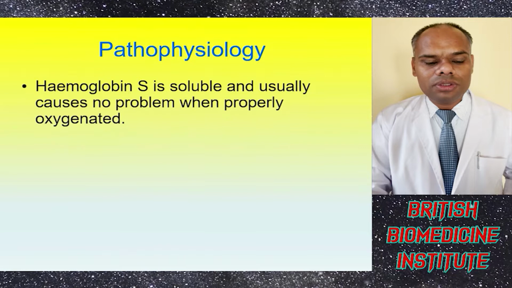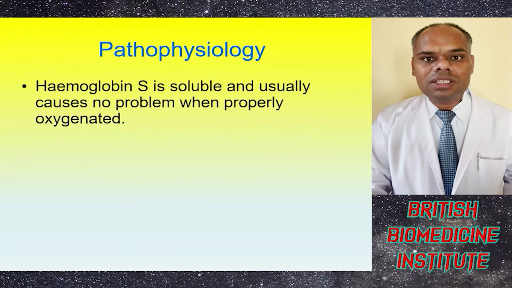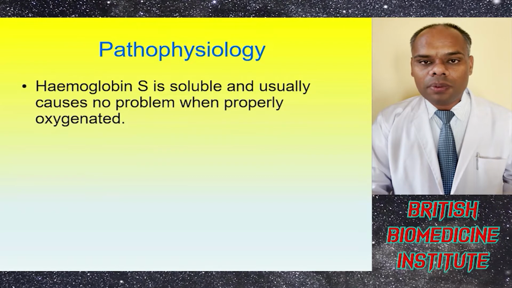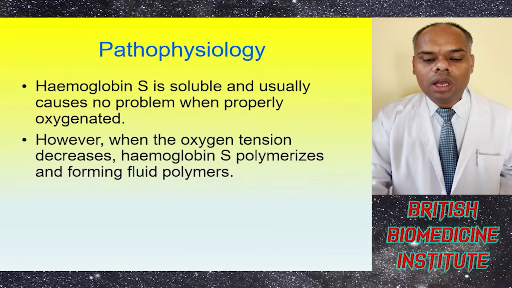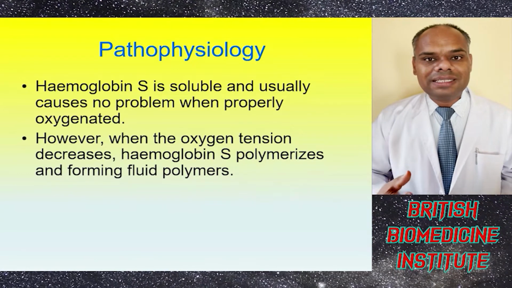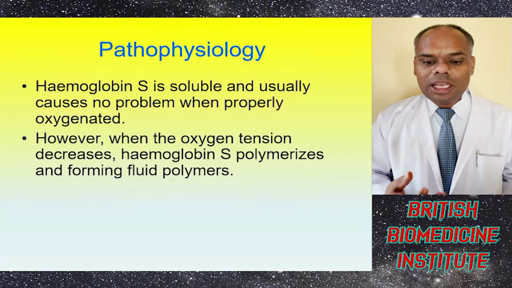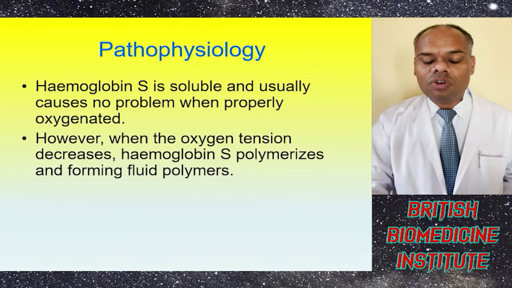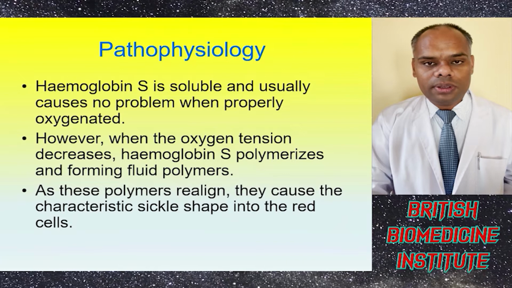Now comes the pathology. Hemoglobin S is soluble and usually causes no problem when properly oxygenated. However, if oxygen tension decreases, then hemoglobin S can polymerize and result in the formation of fluid polymers.